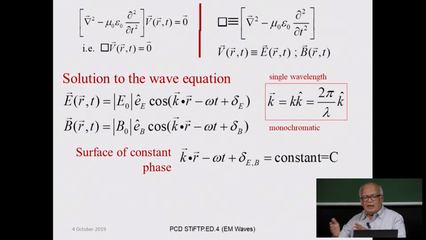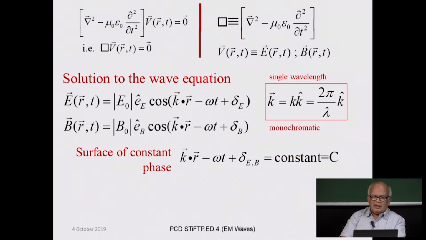okay, and that tells you what dz by dt is, and that will tell you whether z increases with t or z decreases with t. If it increases with t, then you have got a plane wave which is propagating in the direction of z. If dz by dt is negative, you have got a plane wave which is propagating in the opposite direction, right.